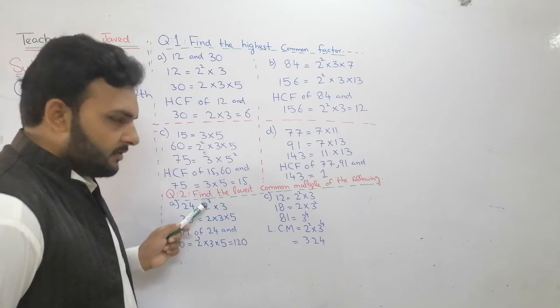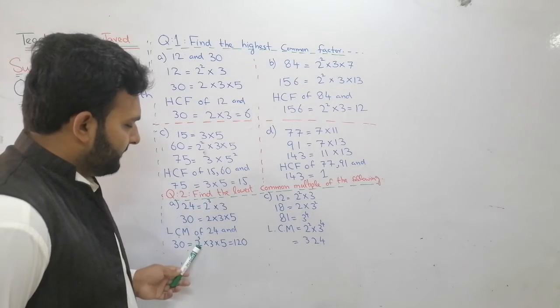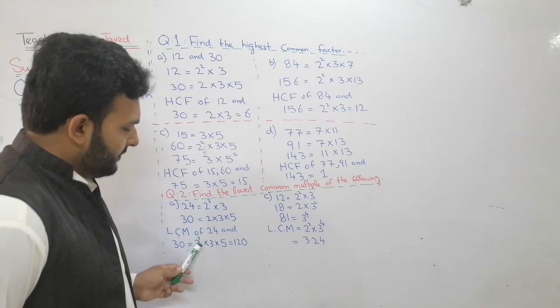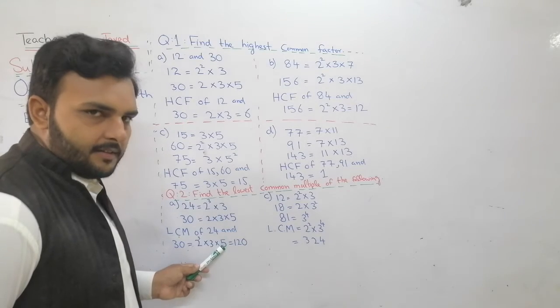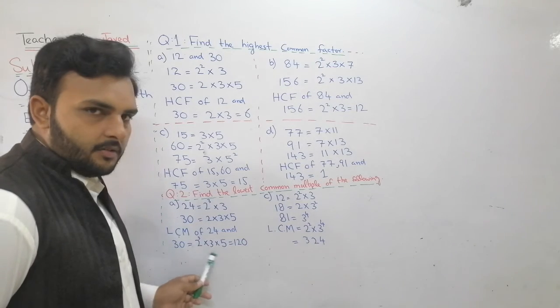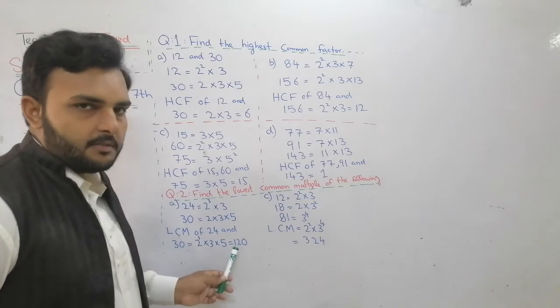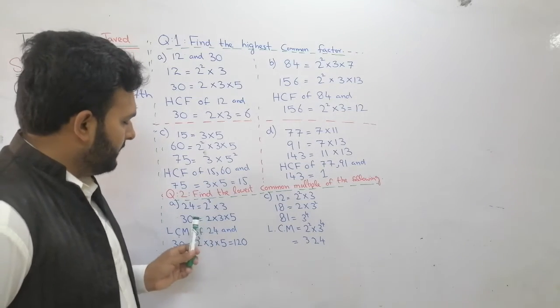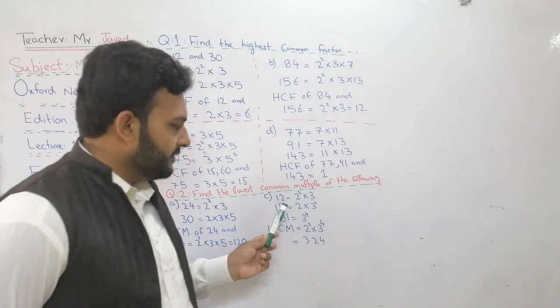Look, 2 power 3 is not common, only 2 is common, so we take 2 power 3. And 3 and 5. These are the common and non-common factors both. After multiplication we get 120, which is the LCM of 24 and 30.